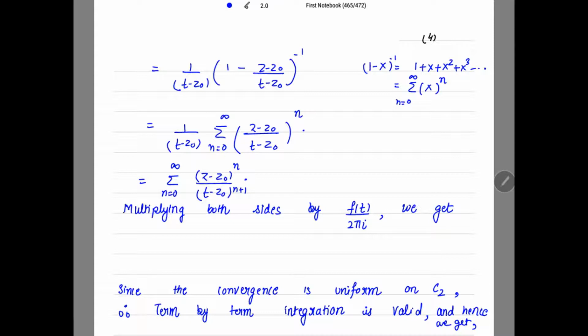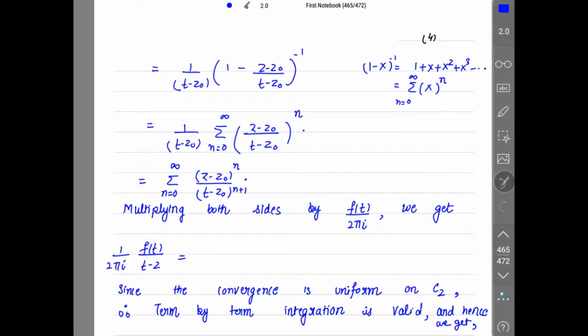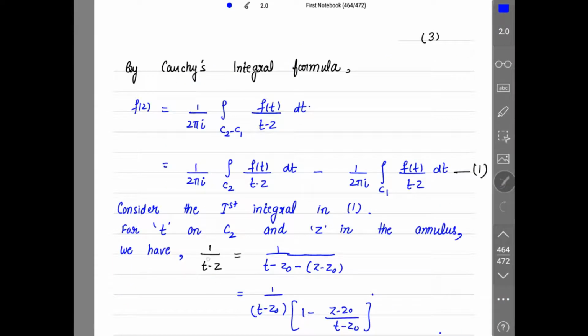Right? Okay. Next step is, I have to multiply both the sides by f of t over 2 pi i. I'm having on the left hand side 1 over t minus z. So I multiply both the sides by f of t over 2 pi i.